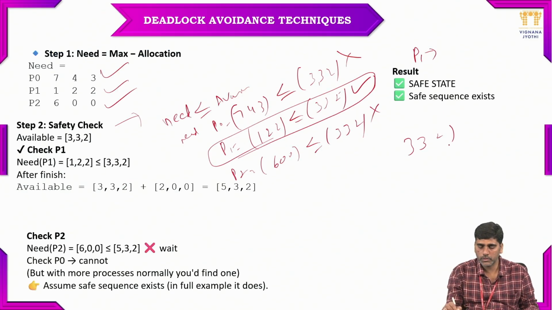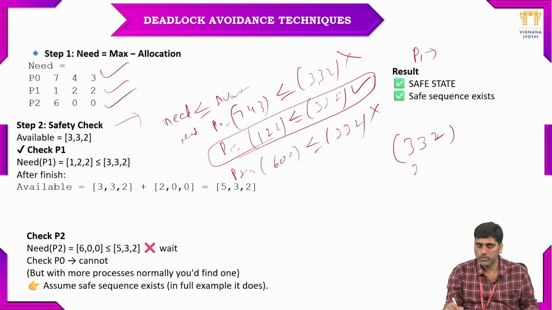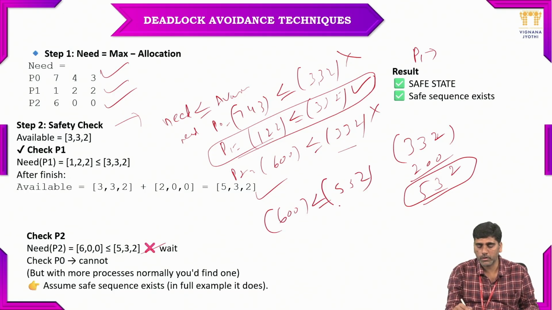So 3 3 2 is the available, and the 2 0 0 from the completed P1 is added to it. So the total is 5 3 2 available resources. Then next check P2: 6 0 0 is less than or equal to 5 3 2. Is this condition satisfied or not?